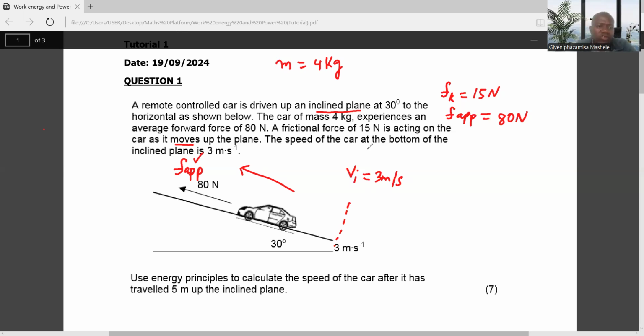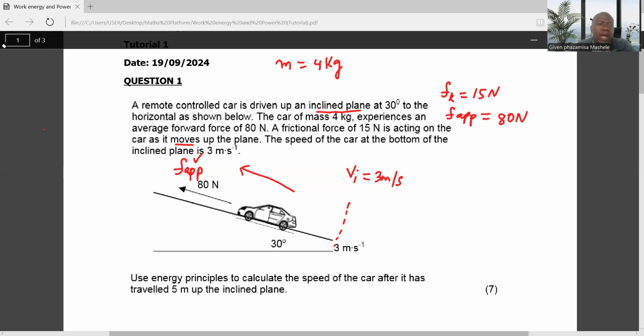Now, looking at this question in terms of work, energy and power, we need to familiarize ourselves with the following formulas, okay? I apologize, guys. So what we need to do first is understand what we're actually given in order to solve the problems relating to work, energy and power.